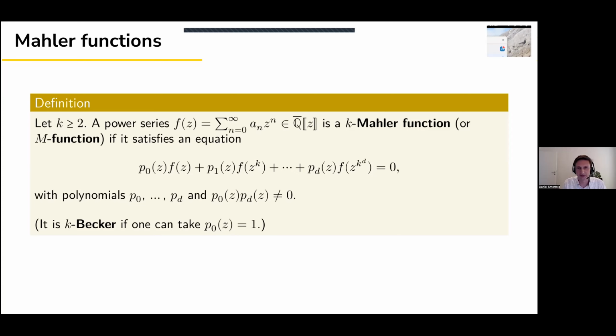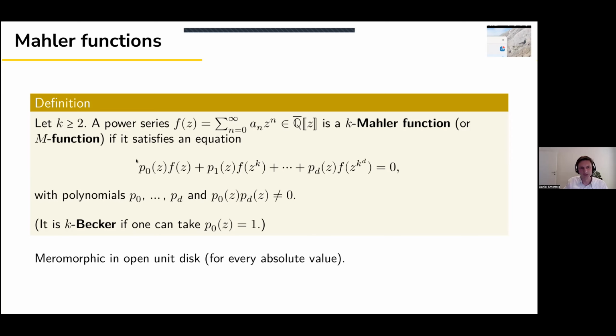There is a particularly interesting type of these equations which behave better when this leading coefficient P0 is actually a constant, or say 1. And then one knows that these power series are always analytic in a small neighborhood of 0.